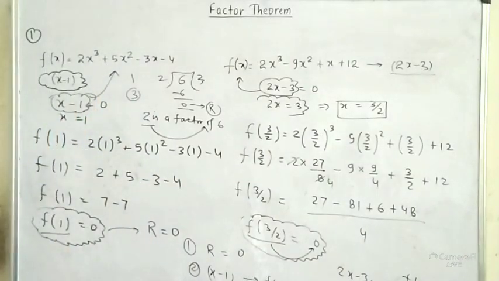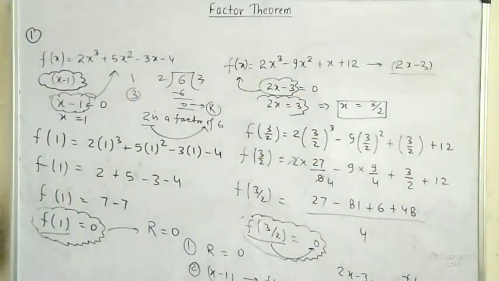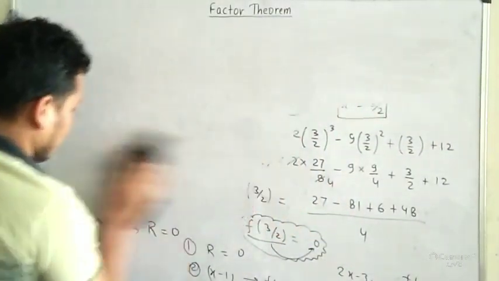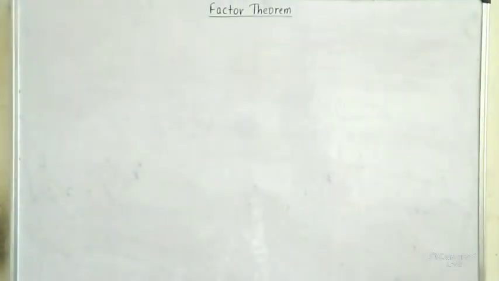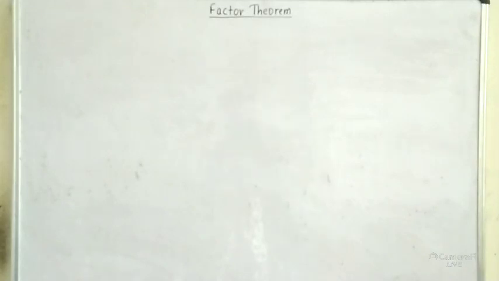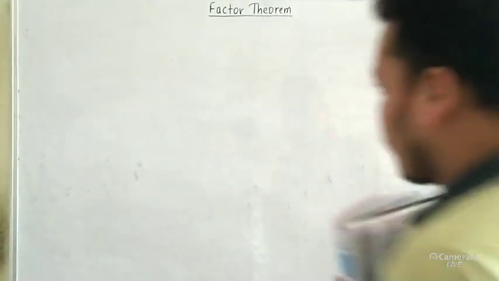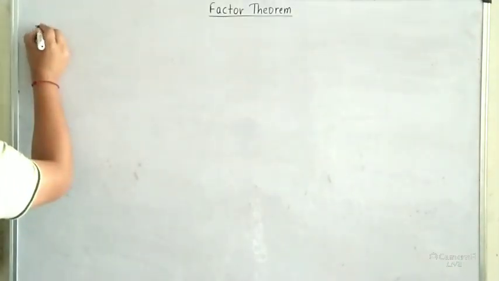Now I am solving one or two questions based on the factor theorem. They are all very simple questions. Okay, the question is, question number 5 given in your book, exercise number 7.